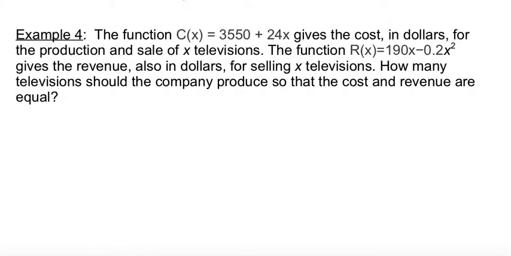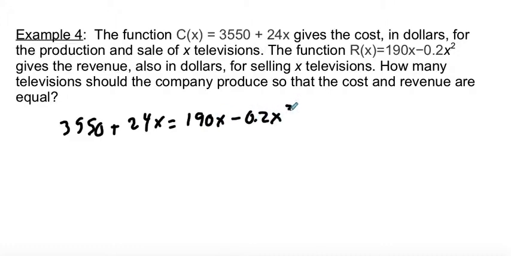So we want the cost and the revenue to be equal, so we're going to set those two functions equal to each other. We're going to say 3,550 plus 24x equals 190x minus 0.2x squared.